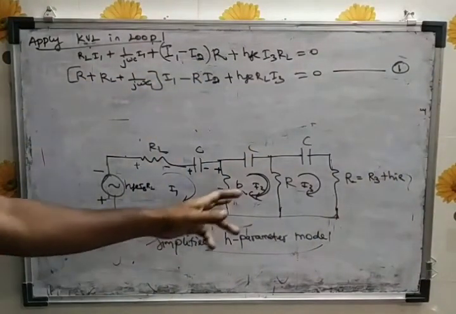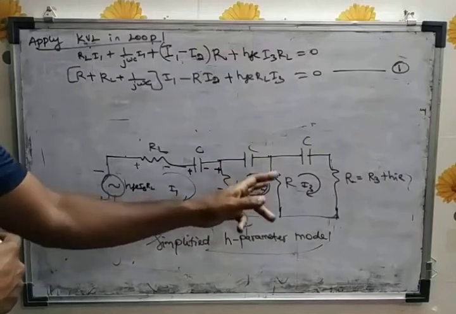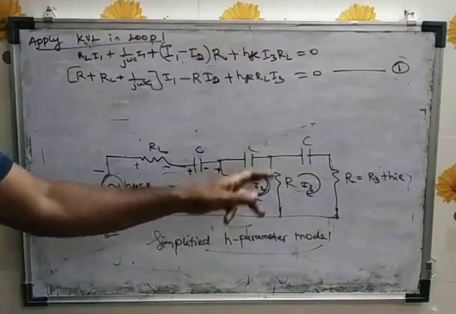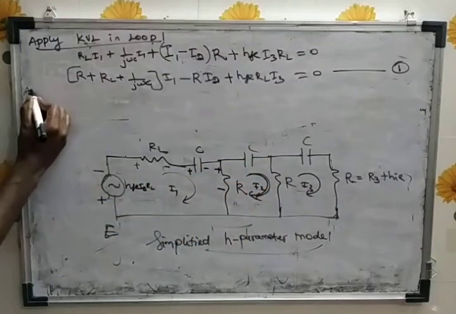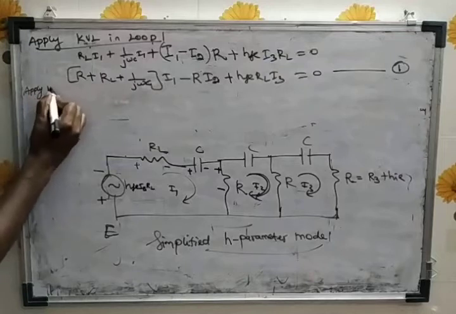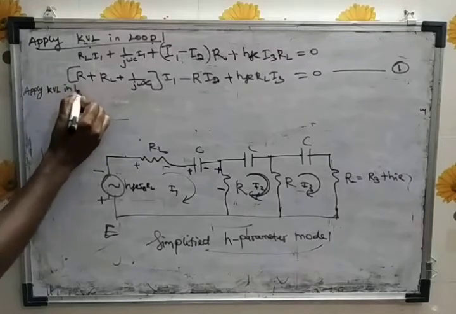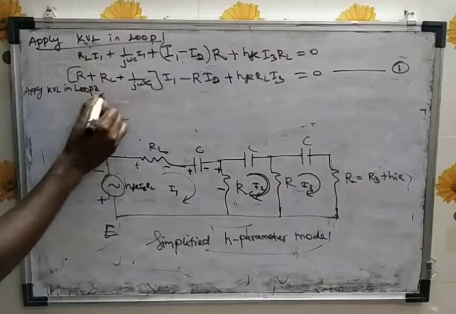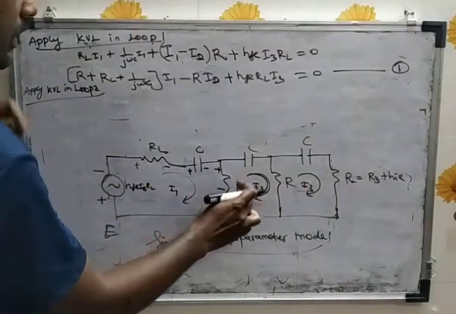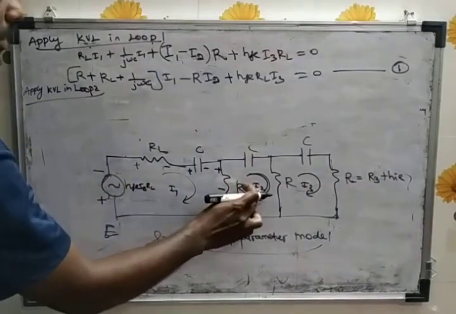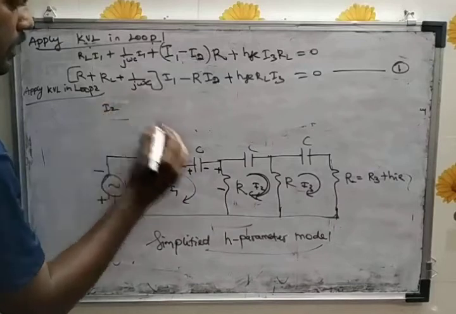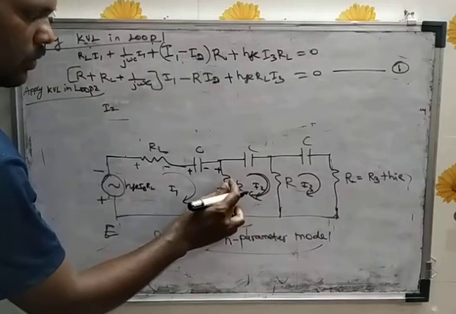Similarly, if you are writing KVL in loop 2, so apply KVL in loop 2, having I2, here current flow is I2 minus I1.